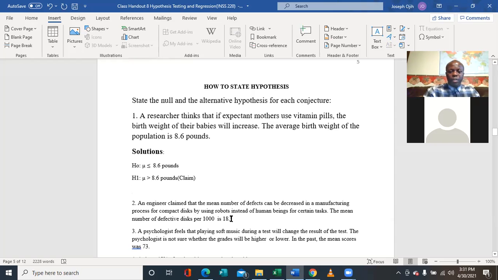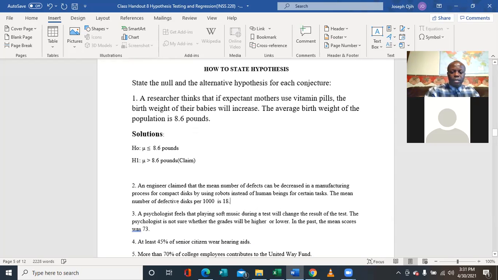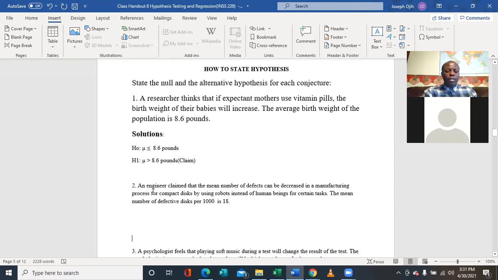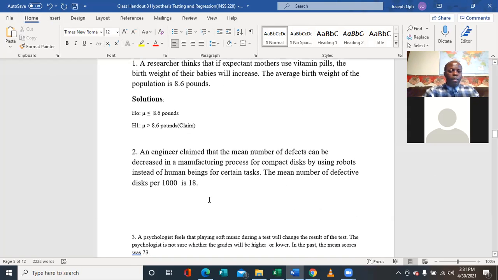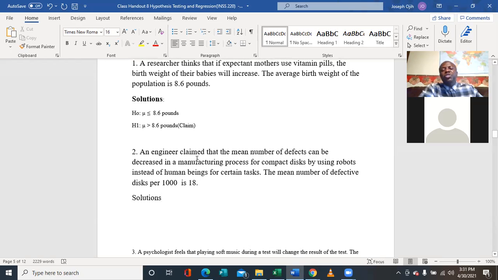The other example would be number 2. Let me make it bigger. Says here that an engineer claimed that the mean number of defects can be decreased in the manufacturing process for compact discs by using robots instead of human beings for certain tasks.